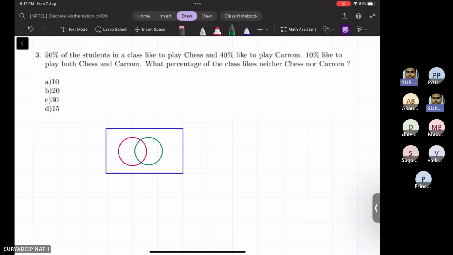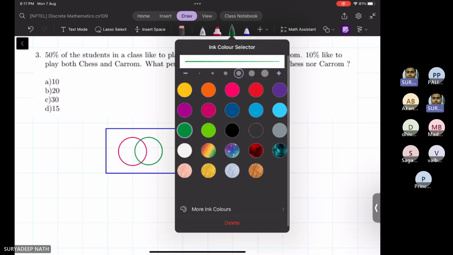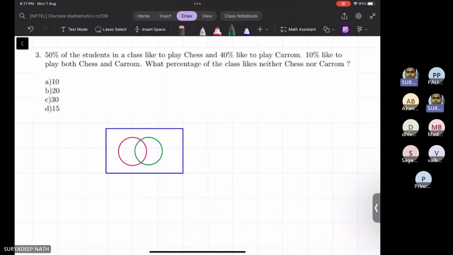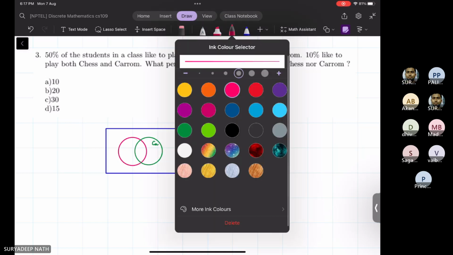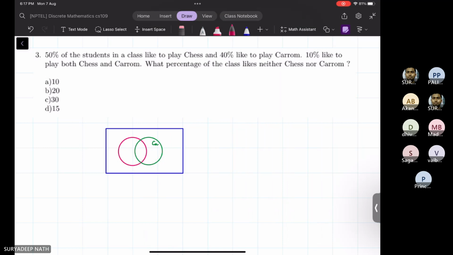So, I'll first denote the regions. Okay, the green is for carom, so CA, carom, CH, chess, and the entire class CL is the total class.